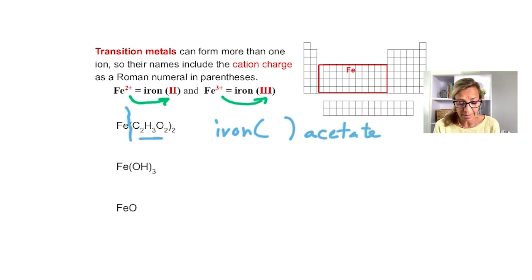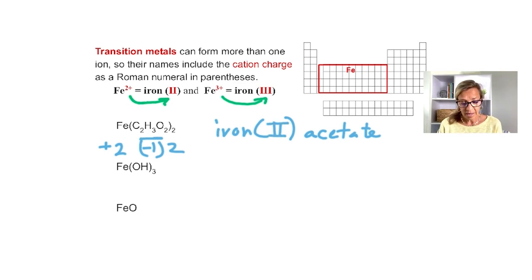That's this back end. Now the charge of acetate is -1, and I've got 2 of them. So the total charge of this whole thing is 0. So what do you think the charge had to be on the iron? It had to be a +2 because I have a +2, 2 -1s, that will add up to 0. So this is iron 2 acetate.